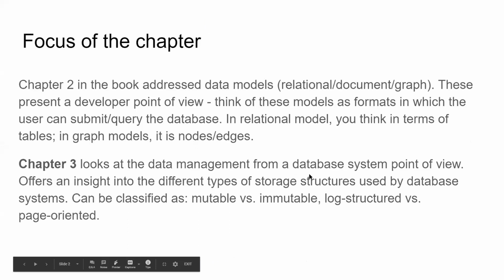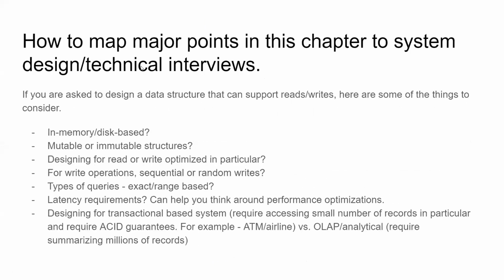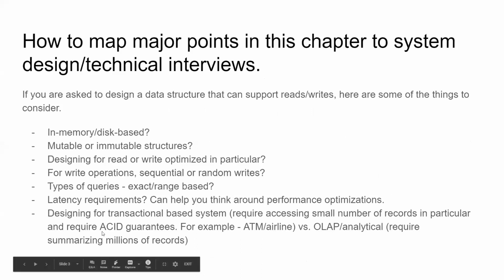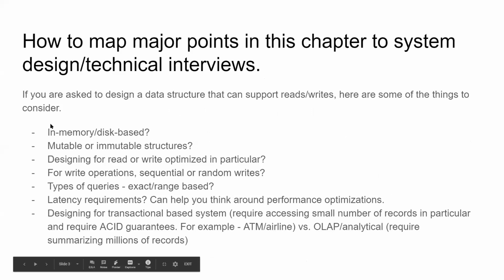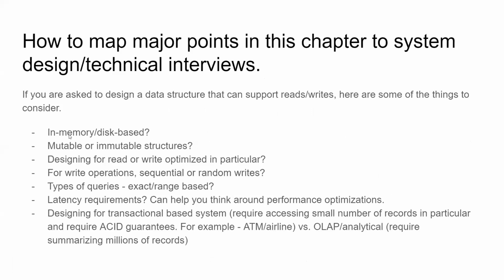So what I thought were the major takeaways, if I were to pick the major takeaways from this chapter and map them to learnings that I can take with me to interviews or as general key takeaways. This chapter tells us about in-memory versus disk-based, and mutable versus immutable. This is where SSTables versus B-trees comes in.